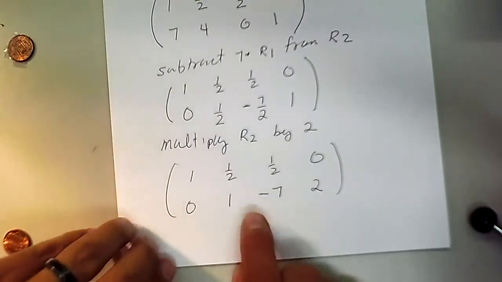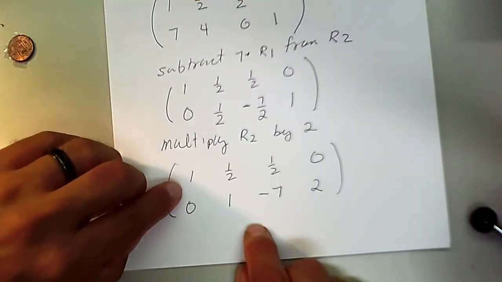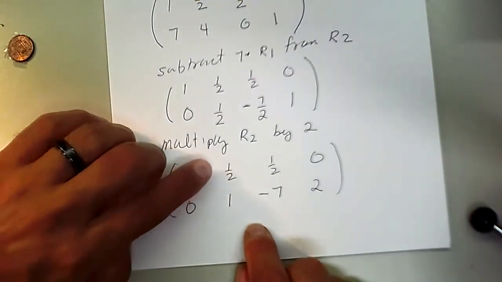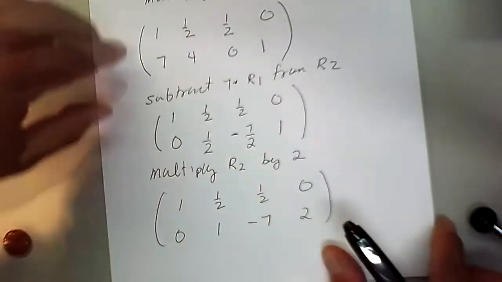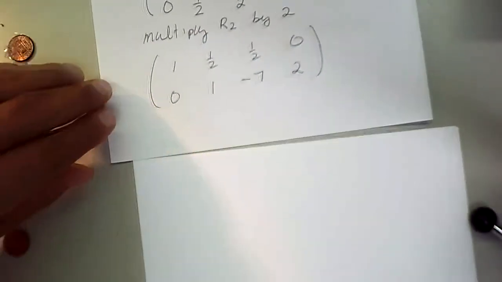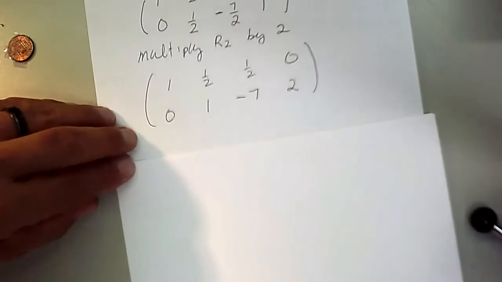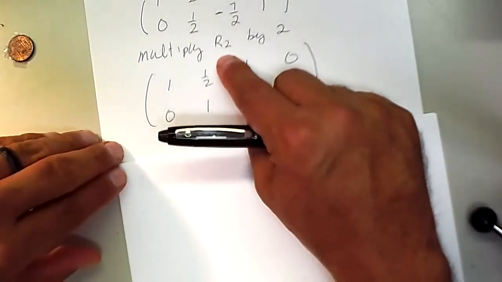Remember, we're solving for A, C, B, D all at once. So now we want to end up with a 0 here.